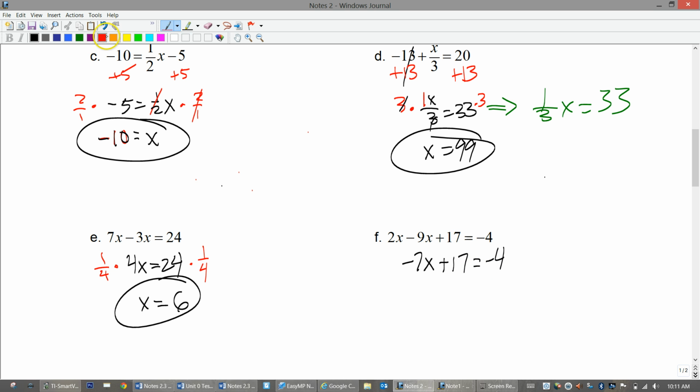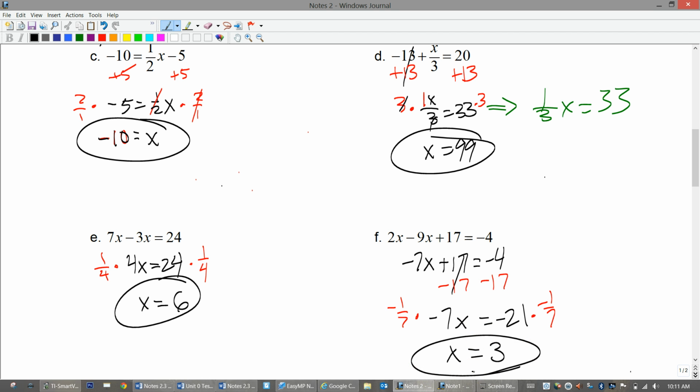Okay. Weakest link, the plus 17, so we minus 17. That's 0, so it's negative 21. Multiply both sides by negative 1/7. Negative 21 times negative 1/7 is positive 3. Or you can think of it as 21 divided by 7.